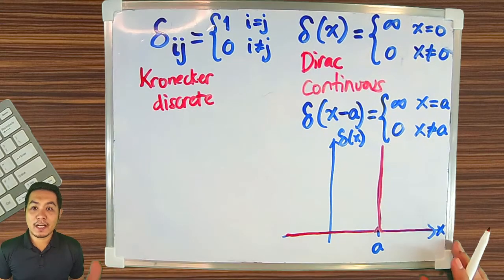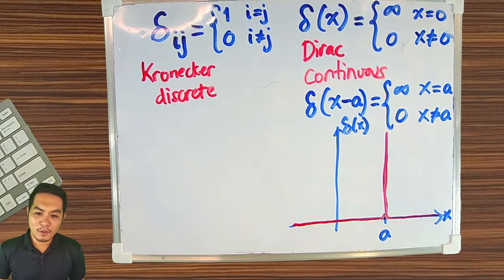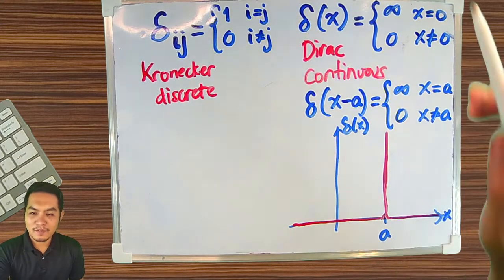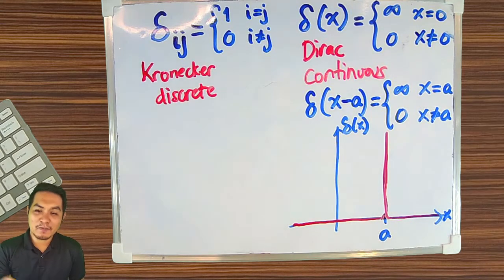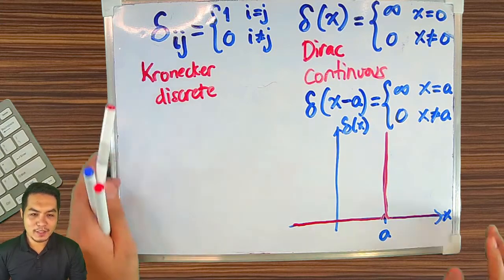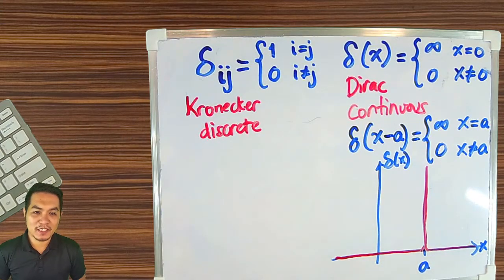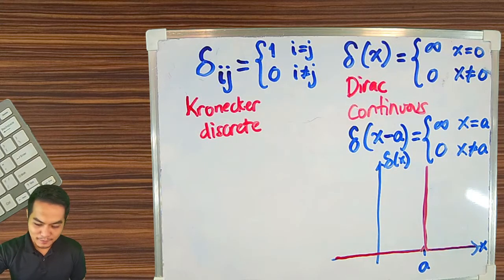So this is what a Dirac delta function looks like. It has an infinite value at only one value of x, the rest 0. In the Kronecker case, we cannot plot this, because the Kronecker delta is not a function.